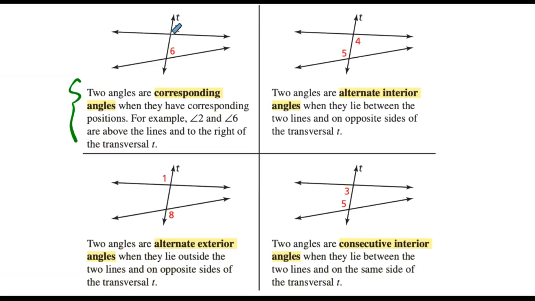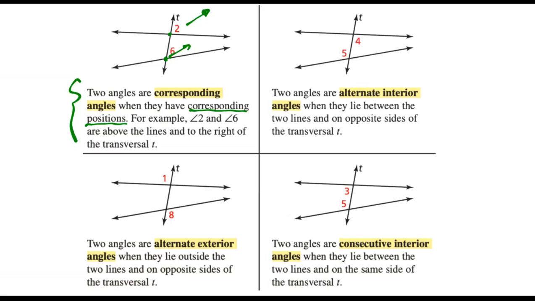We're talking about positions related to the intersection points. Notice that angle 2 is in the upper right-hand position of the intersection, and angle 6 is in the upper right-hand position of the intersection. That's what we mean by corresponding positions with respect to where the lines intersect.